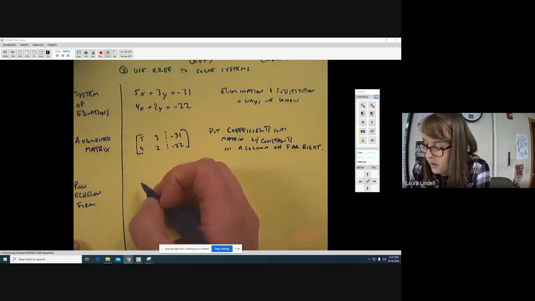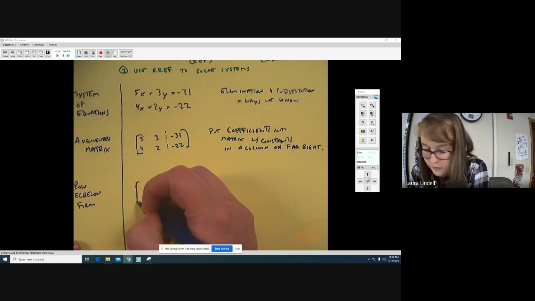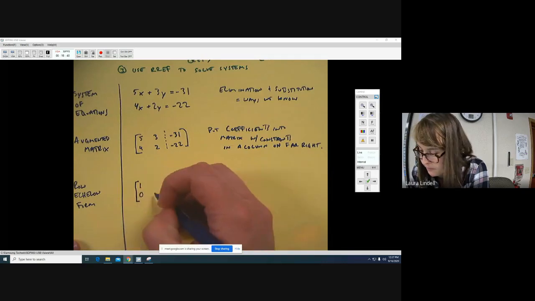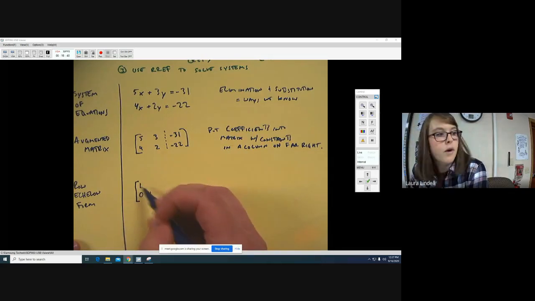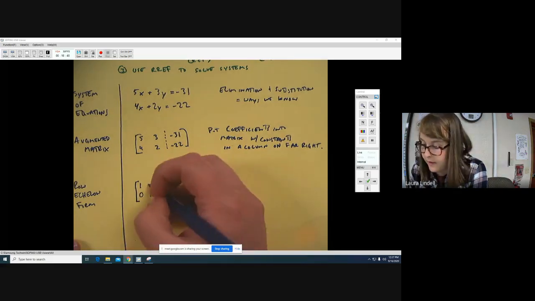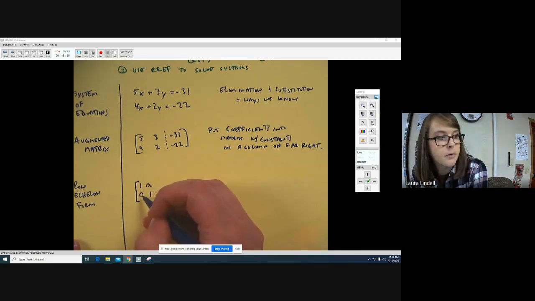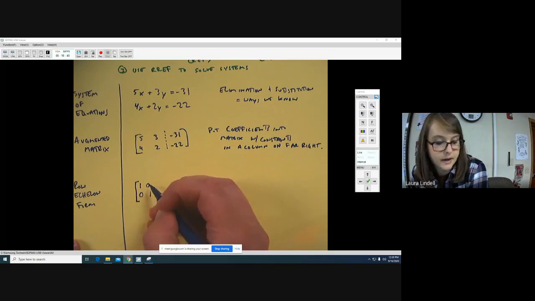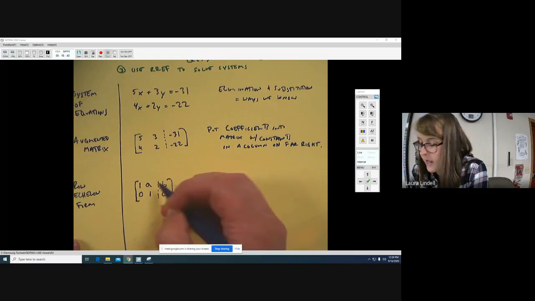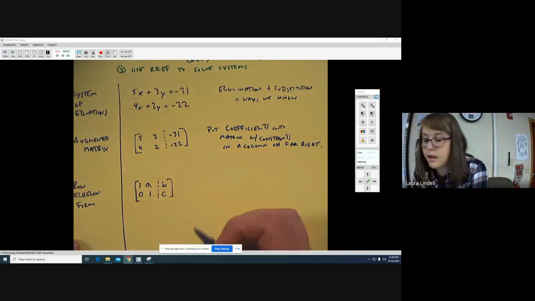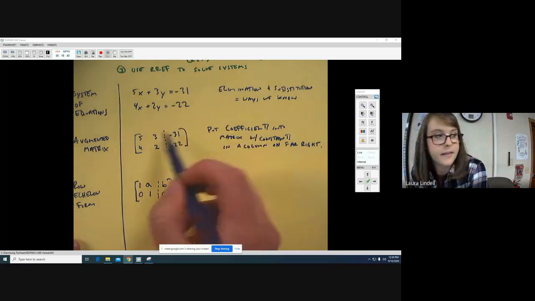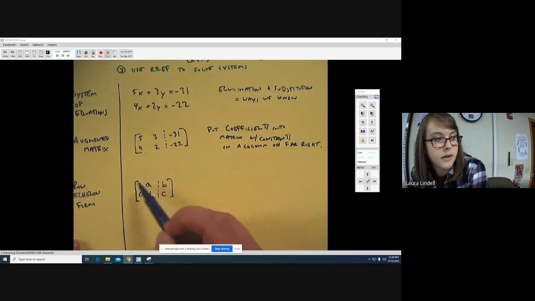So some possible ways that row echelon form could look is where we have ones along the main diagonal, and then a 0 in the bottom corner, and then some other number right here. And then in the augmented part, other numbers here. So A, B, C could be any number, but the rest of the matrix, if it's a system that looks like this, needs to be ones and a 0.